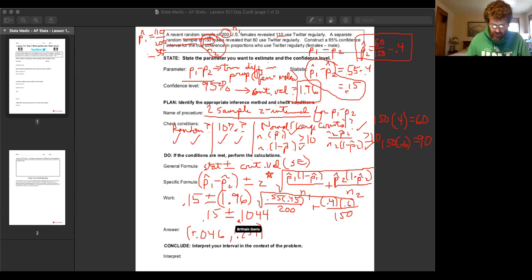Keep in mind, we're talking about a difference between two proportions, and you can easily have negative numbers, but our entire confidence interval is positive. So what does that mean as far as which one's bigger? What is likely to be bigger according to our confidence interval? The true proportion for females or the true proportion for males?